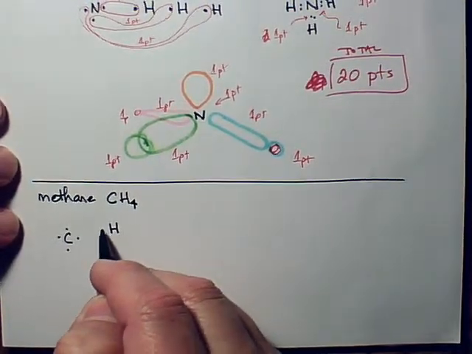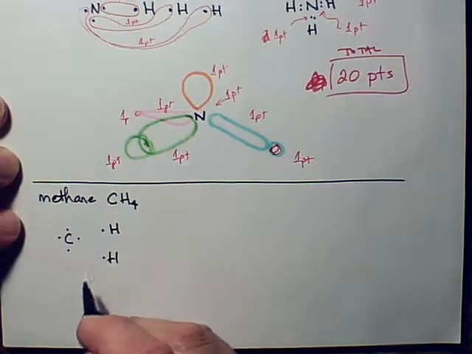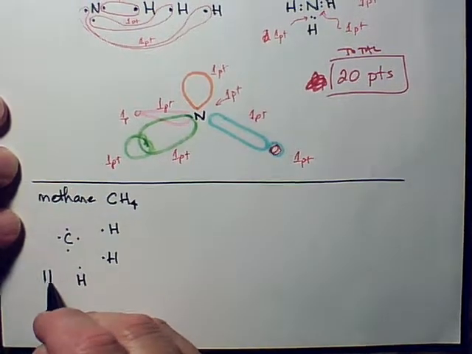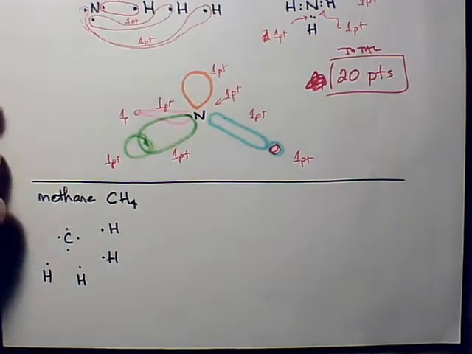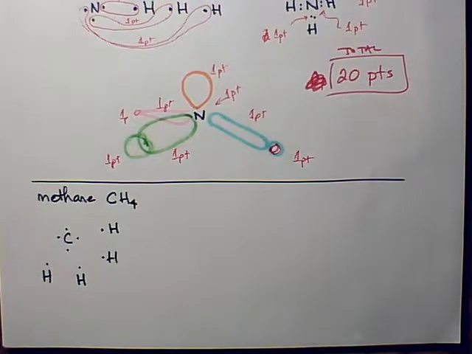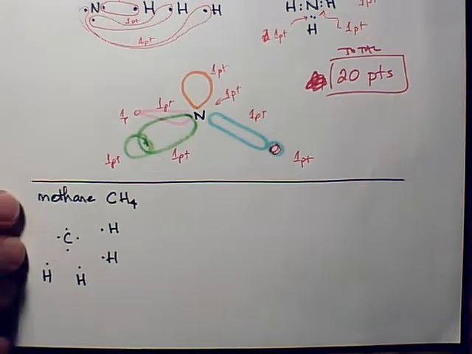Hydrogen has 1 electron dot. Okay, and what I want to do is arrange these so that the hydrogens have 2 electrons and the carbon has 4.